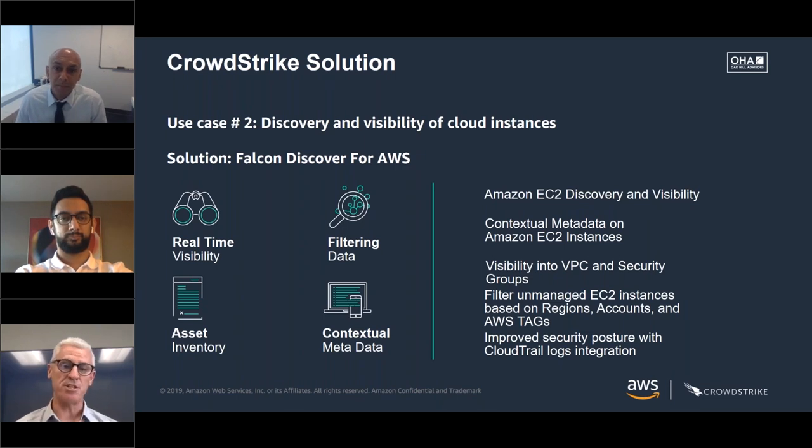Cool. And again, I think it's fair to say that with the Falcon Discover for AWS capability, we're using some of the data that we can gather from our own sensor on that endpoint.